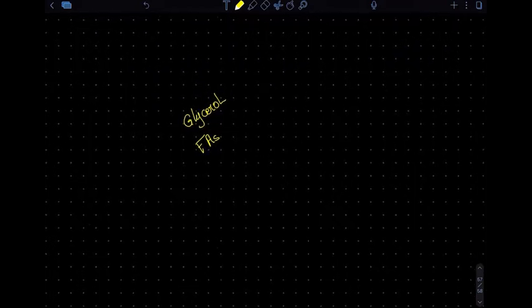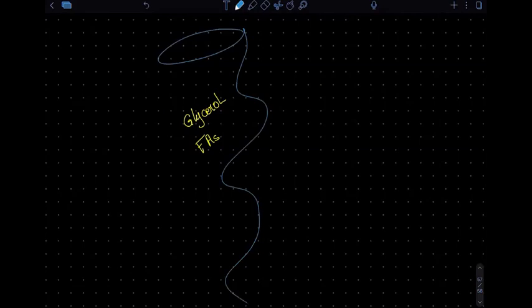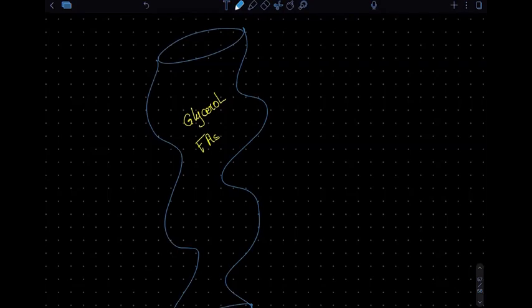So if this is my small intestinal lumen, and this is one of my intestinal cells.